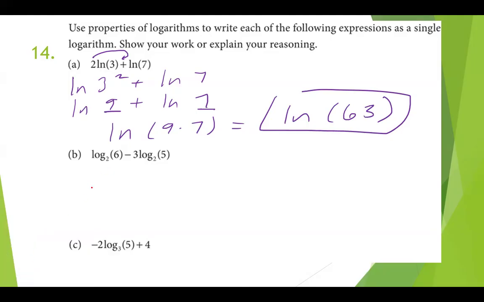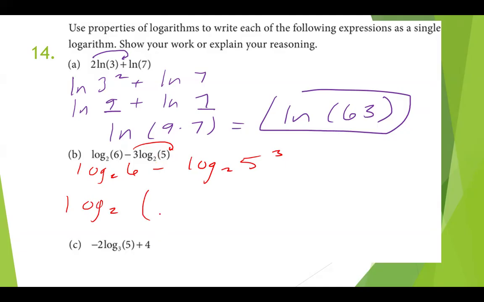Again, we start with the power property. There's no power, there's no coefficient here. There is a coefficient here. So that 3 becomes the power of the 5. So we have log base 2 of 6 minus log base 2 of 5 to the third. We're subtracting. So subtraction tells us that we can make this down to 1 log because the bases are the same.